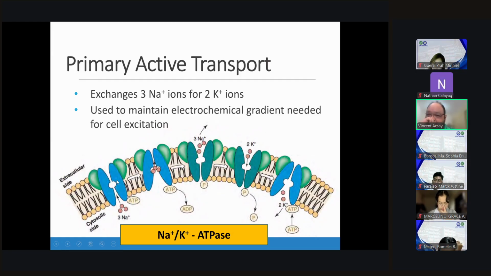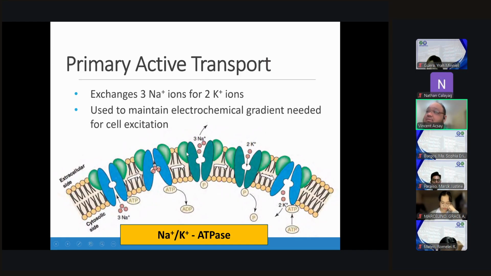The transport protein NAK ATPase, with the phosphorylation from ATP, is able to accept three sodium ions. Upon dissociation of ADP, the phosphorylation of NAK ATPase changes its conformation to allow the three sodium ions out.